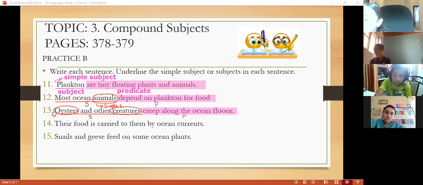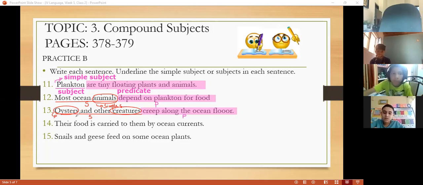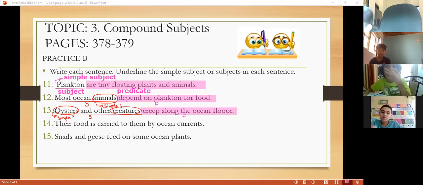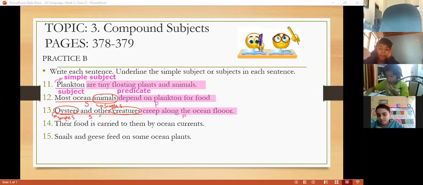Two. So if we have two, this is a compound subject because I have two and I see the word and here in the subject. So this is simple subject number 1 and the other creatures is simple subject number 2, and I have a compound subject now. Remember, the letter S stands for simple subject and the P is for predicate.